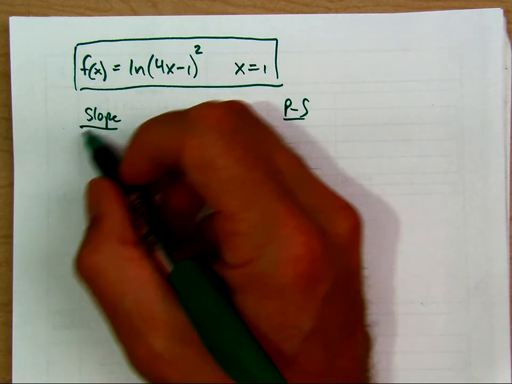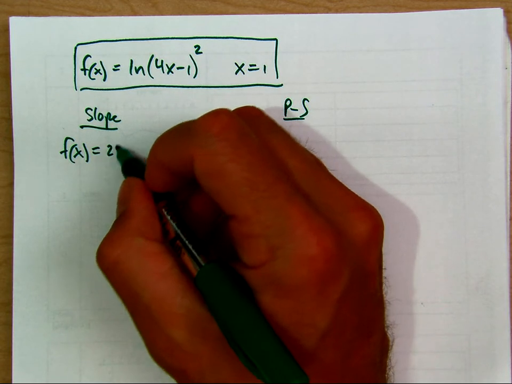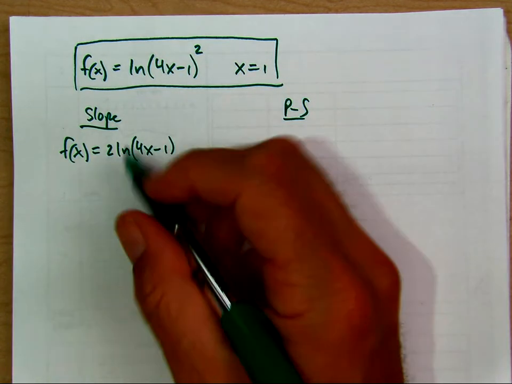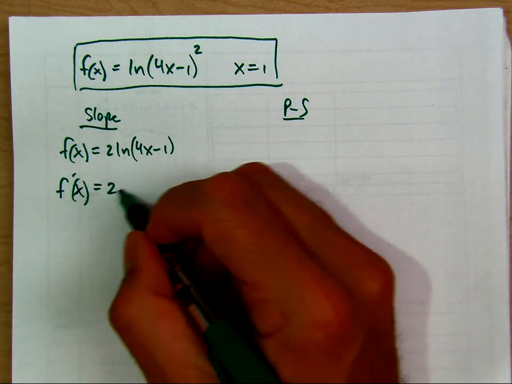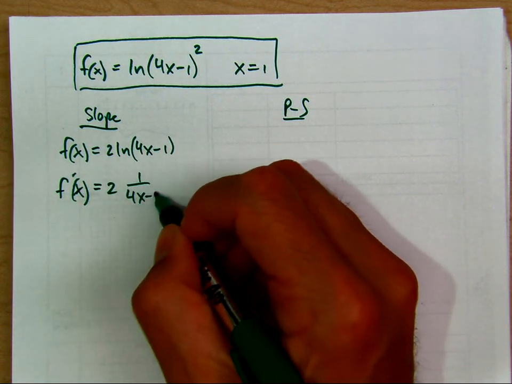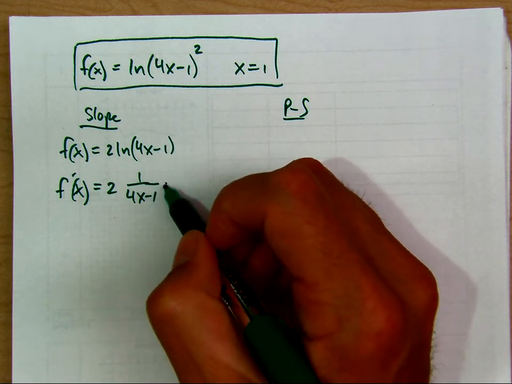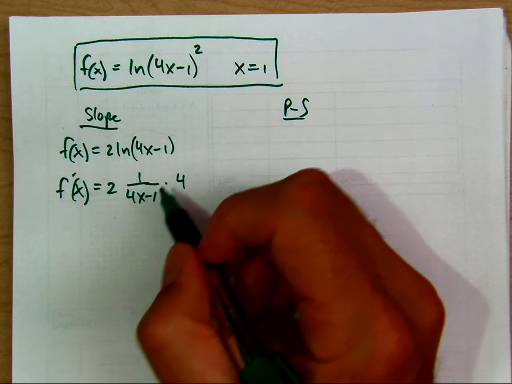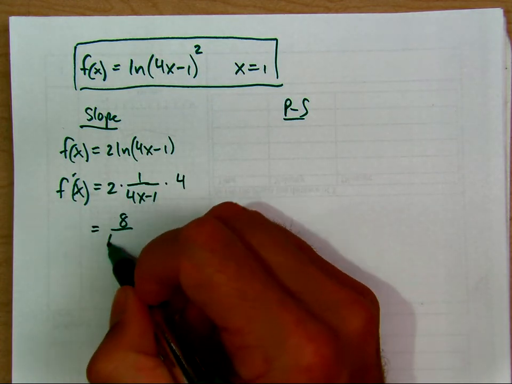Before we do the slope, let's rewrite the logarithmic function with 2 as a coefficient, then take the derivative. So, reciprocal of that, and we also have to multiply by the derivative of that, and that is the chain rule. So we have 2 times 4, we have 8 over (4x - 1).